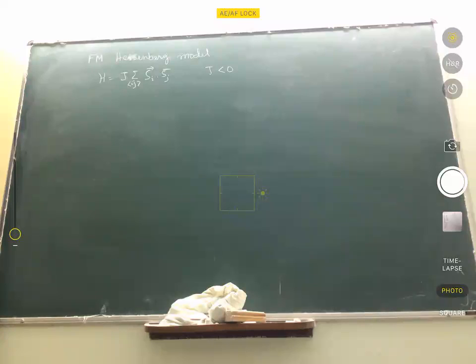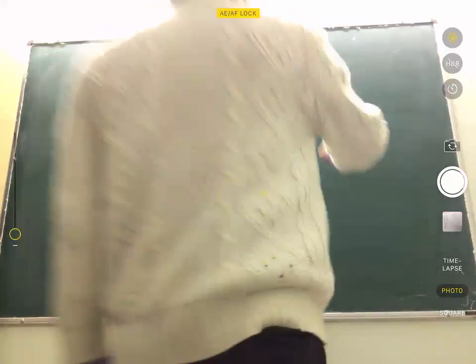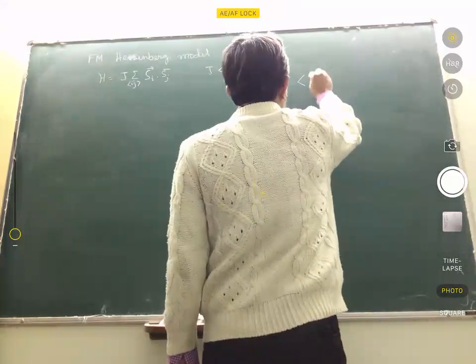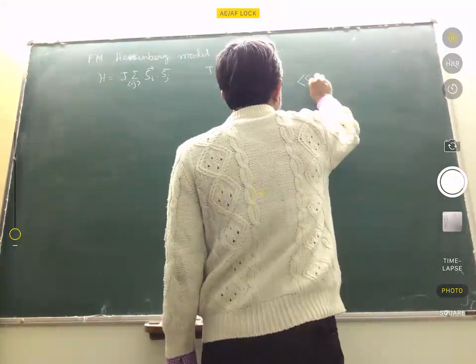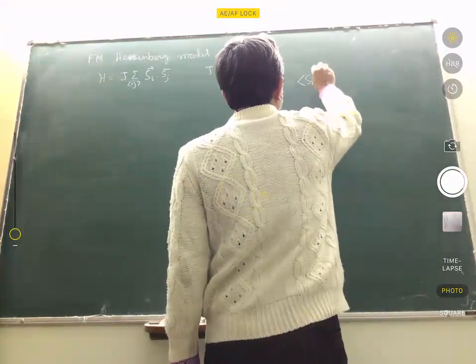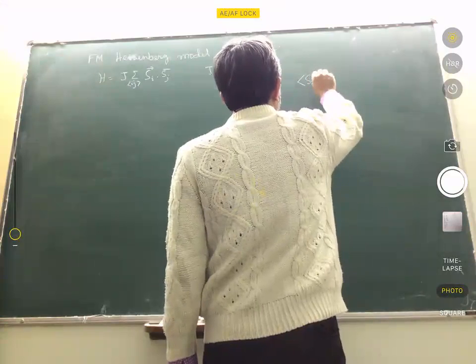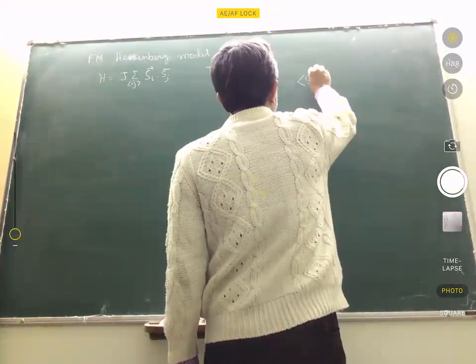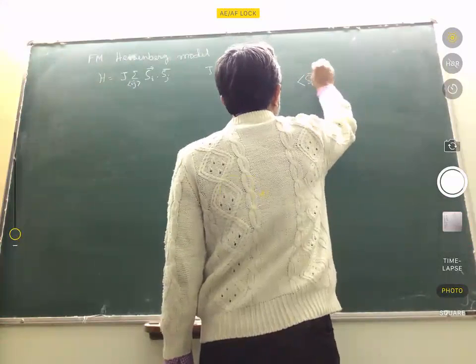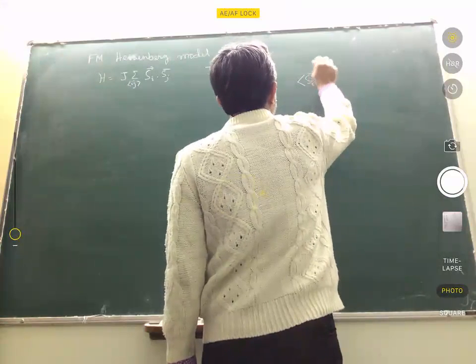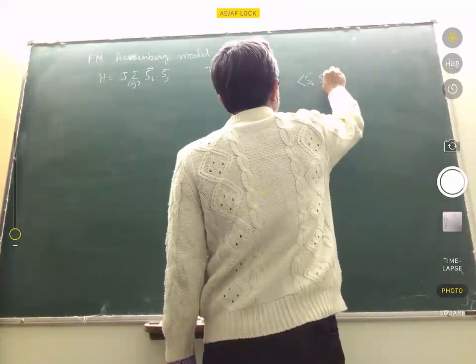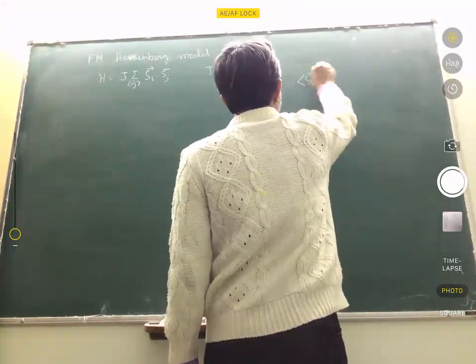So what is long range order? Briefly, I have a spin at some site i, and I have a spin at some site j, S_i dot S_j.